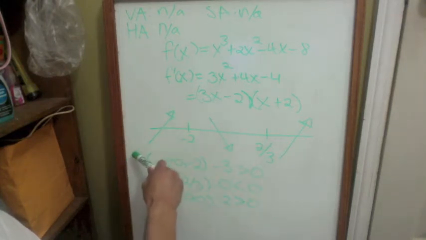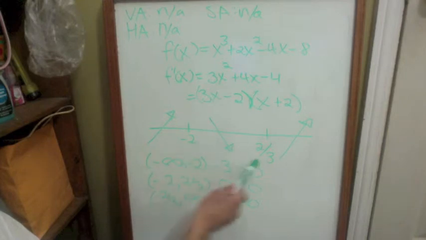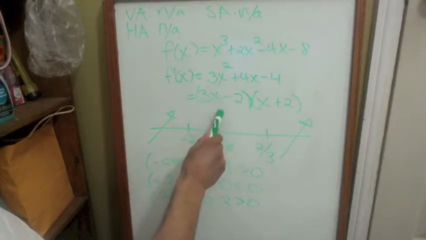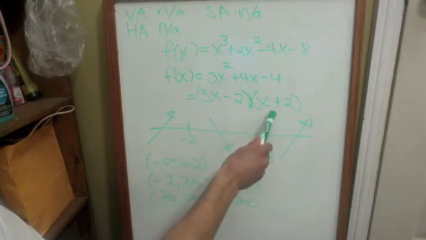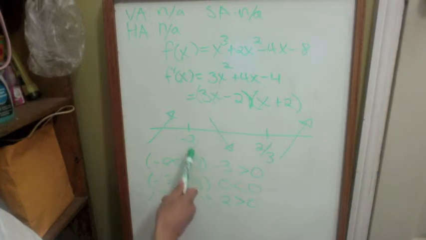Thus, it's increasing from negative infinity to negative 2. Now I want to see what's happening from negative 2 to 2/3. I'll keep it simple. I'll use 0. Put 0 here. We get a negative 2 times a positive 2, and what results is a negative number. So it's decreasing from negative 2 to 2/3.